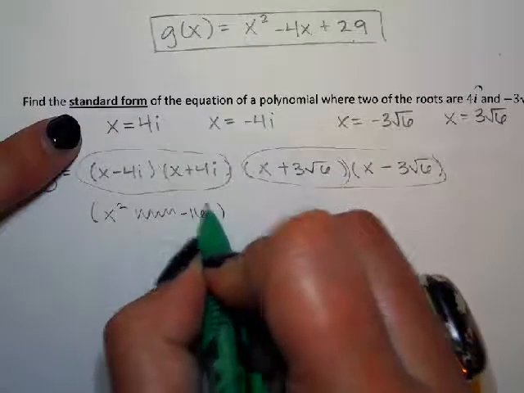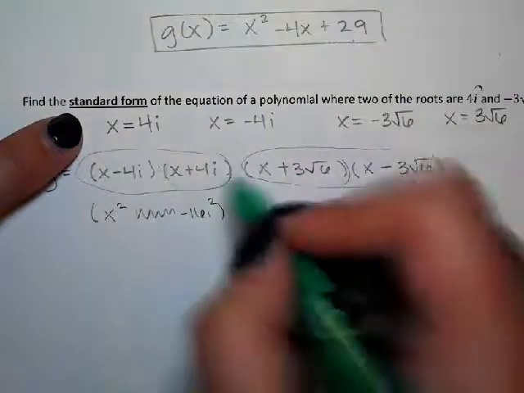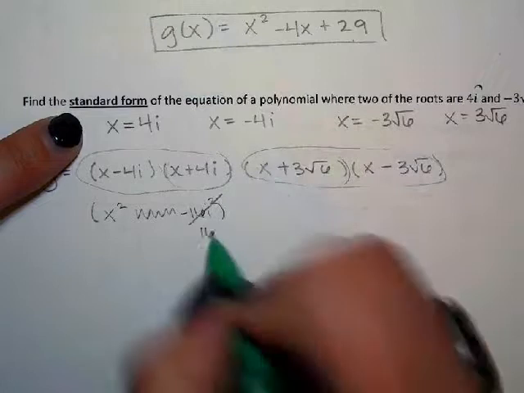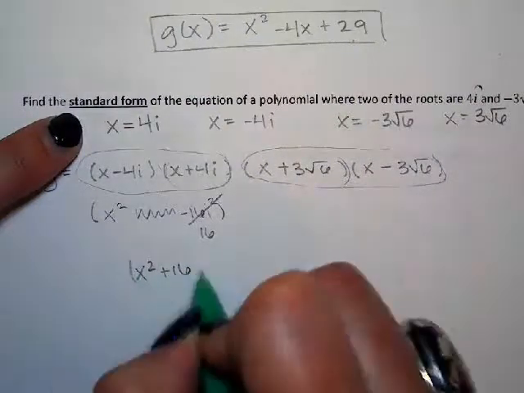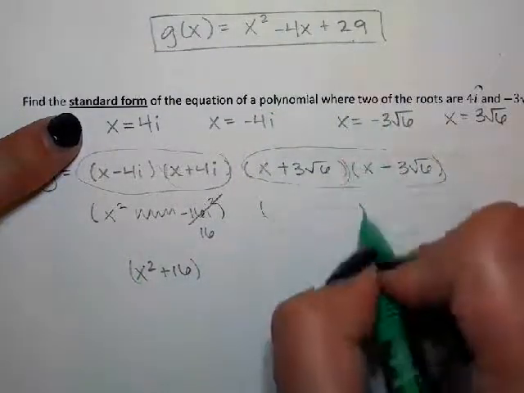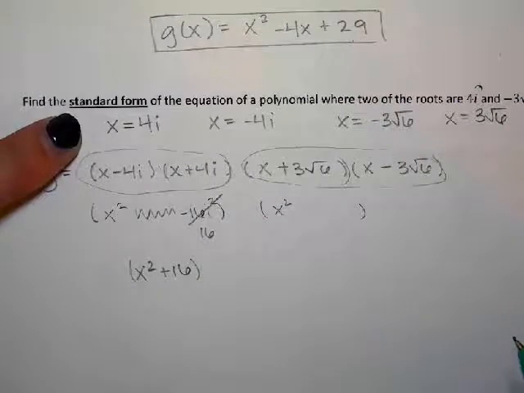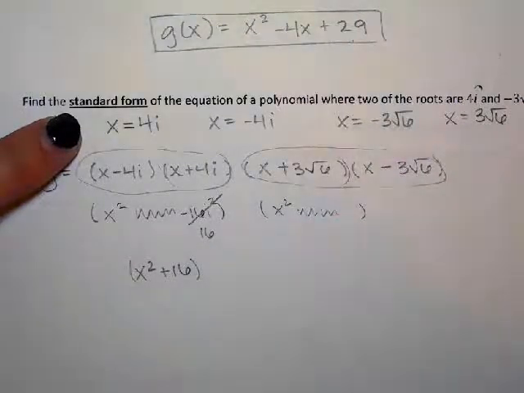Over here, x squared, I know the middle stuff is going to cancel out. Then I'm going to have 3 square root 6 times -3 square root 6. Let me just write this down. So I'm going to have minus, what is 3 times 3?